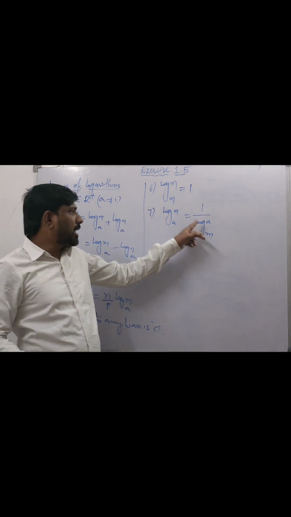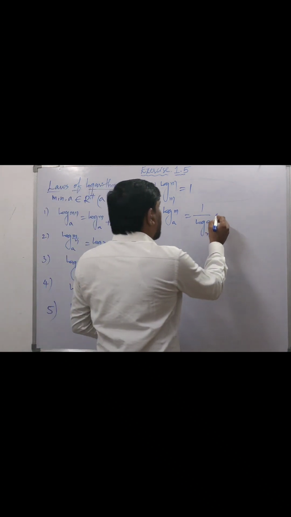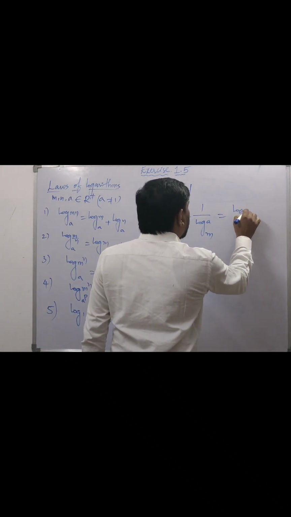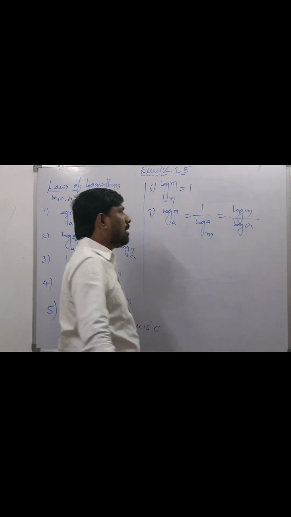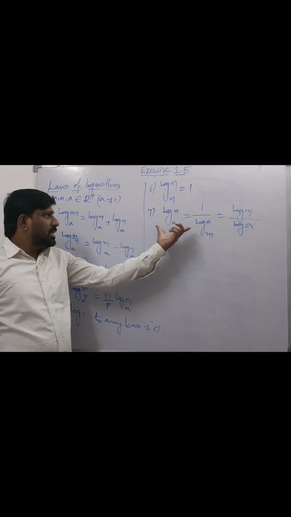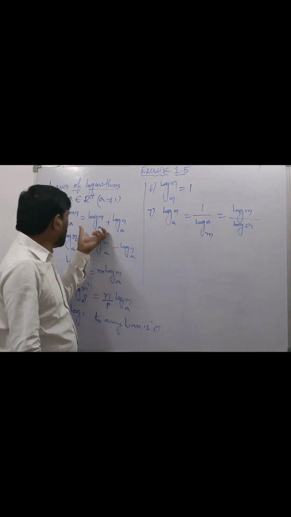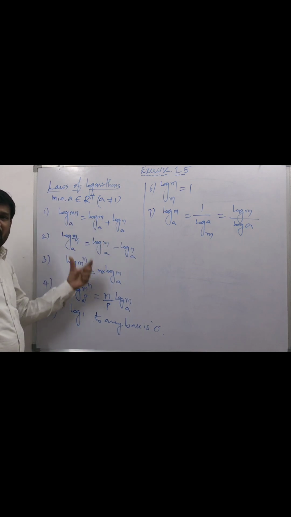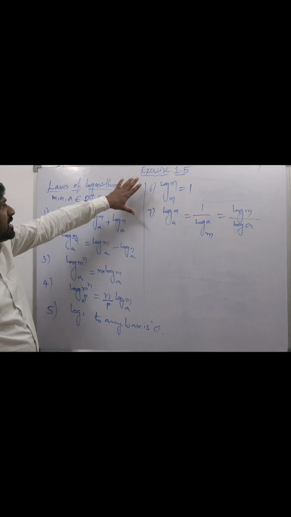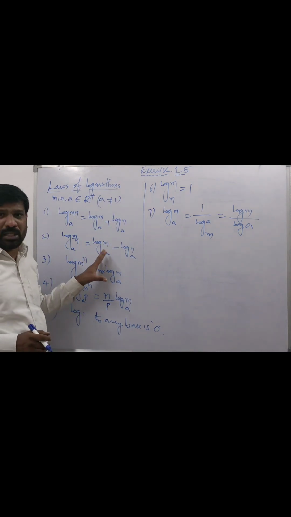And it is also written as log m by log a. These are the forms of log m to the base a. For every law, we have a proof also. But as far as this exercise is concerned, you do not require any proofs, right?